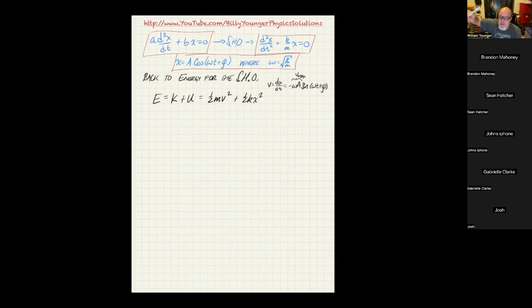There's no kinetic energy, but you have a maximum amplitude, which we're going to call x max, which is A. So we can say the total energy is equal to 1/2 k A squared.